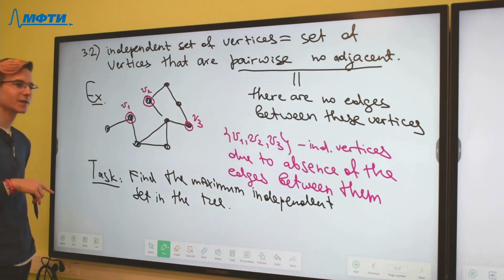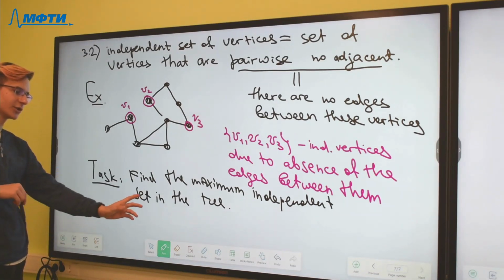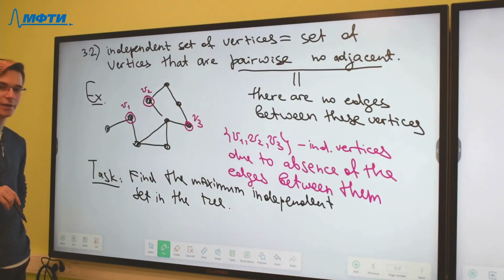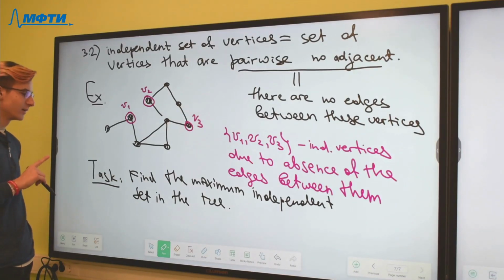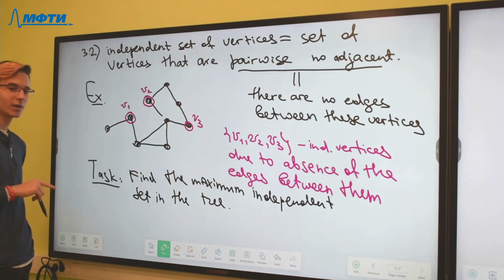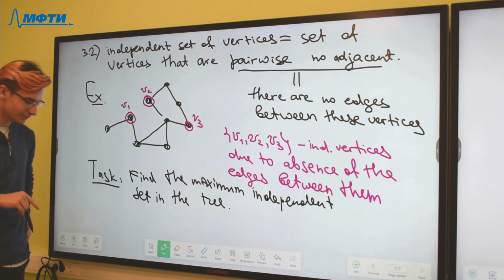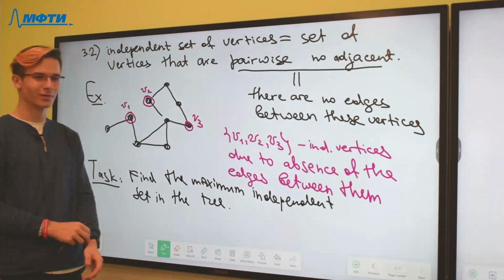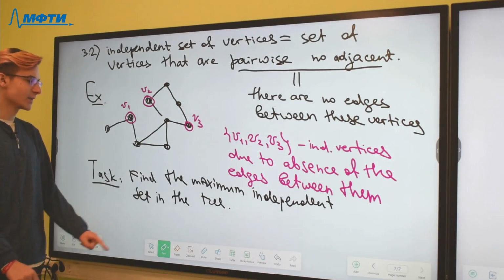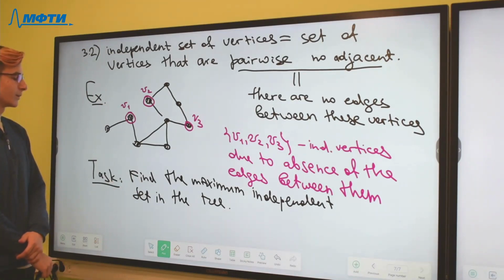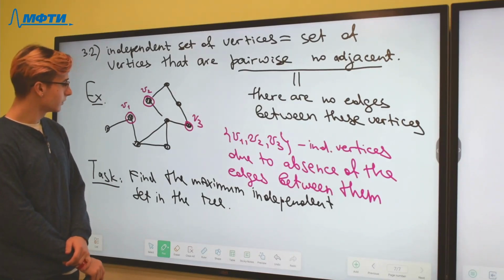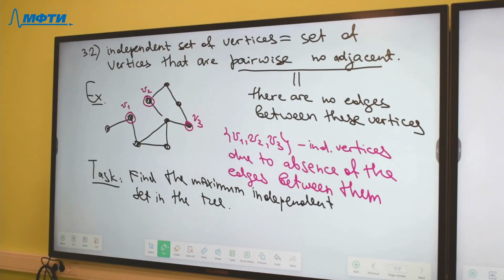Interesting about this task is that if we change the tree to an arbitrary graph, then this will be an NP-complete task. So it's very complicated to solve the problem in the arbitrary case. But in the tree, we can find the maximum independent set by dynamic programming.